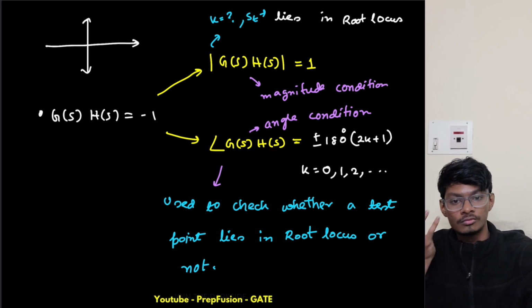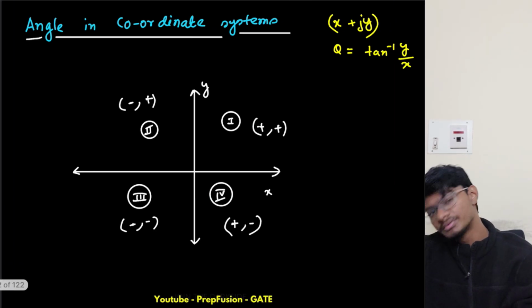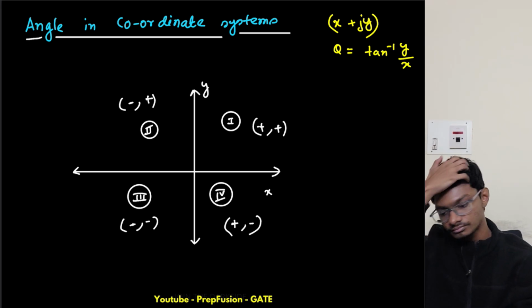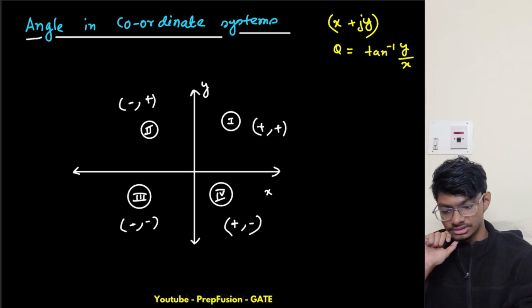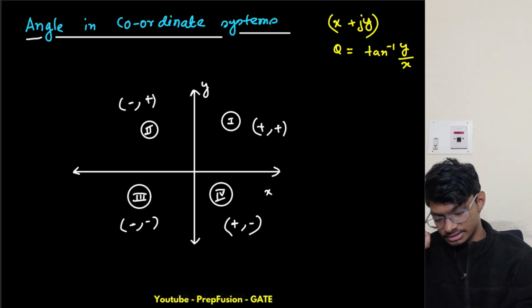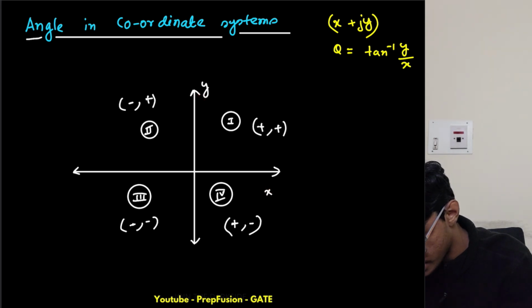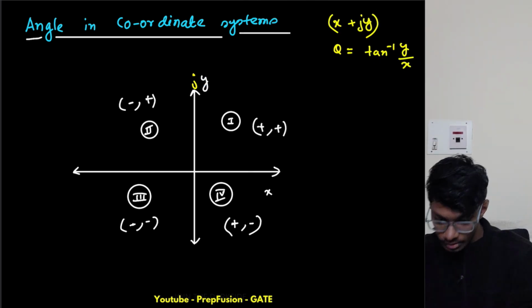Now how to find the angle? I have already explained angle, I think, in previous chapters also. I don't remember exactly, but I will explain it once again. These are my coordinates, this is x and y. Let's say this is the complex plane, with real axis x and imaginary axis jy.